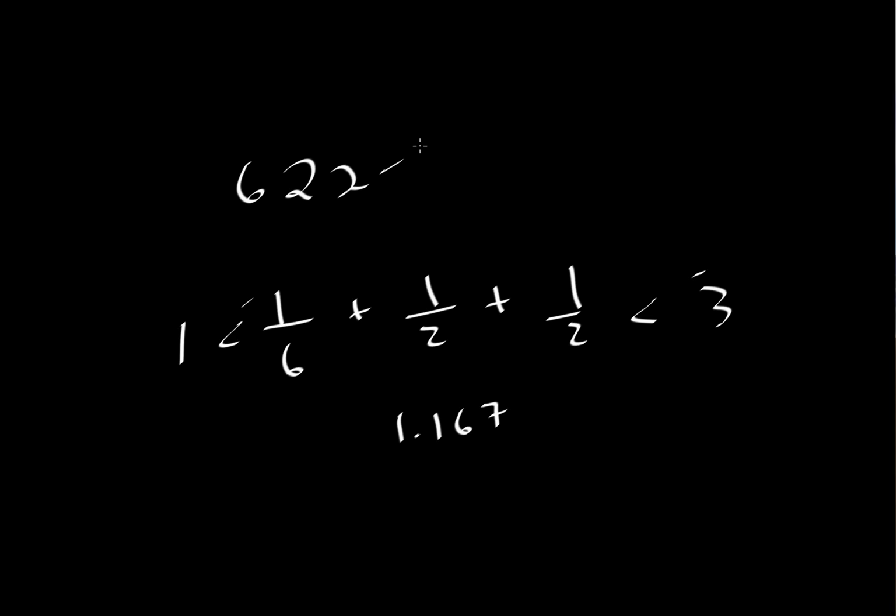So this is also a compatible trio. We can have a 6-fold rotational axis here, perpendicular to two 2-fold rotational axes that would be perpendicular to it. How about the case of a 6, 6, 6? Would that be possible? If we take that sum, 1 over 6 plus 1 over 6 and 1 over 6, we'd find out that it's less than 1, so that would not be possible.